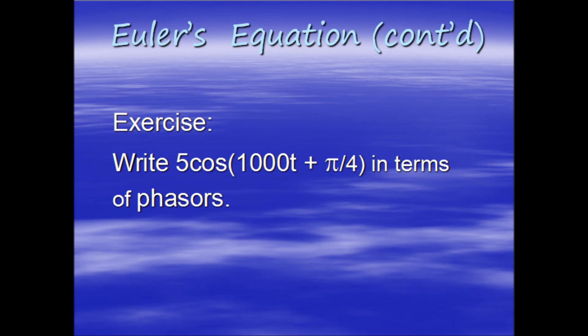Euler's equation can connect complex exponential with sine and cosine. I would like you to practice by yourself. Try to express this sinusoid signal in terms of phasors.